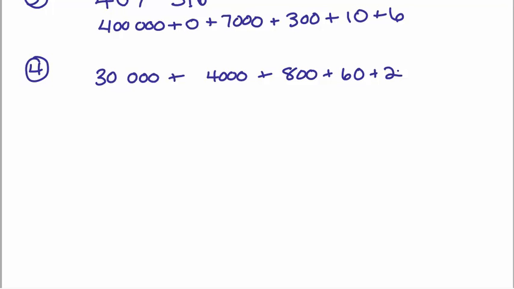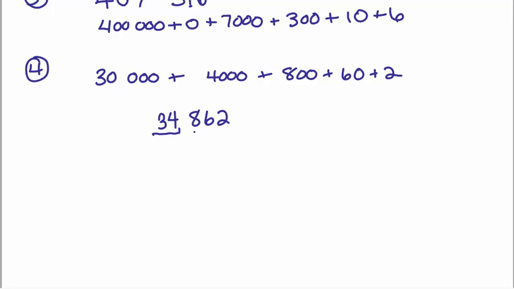So when we write this one in standard form, we're going to show that 30,000 is 3 10,000s plus 4 thousands. We have 8 hundreds, 6 tens, and 2 ones.